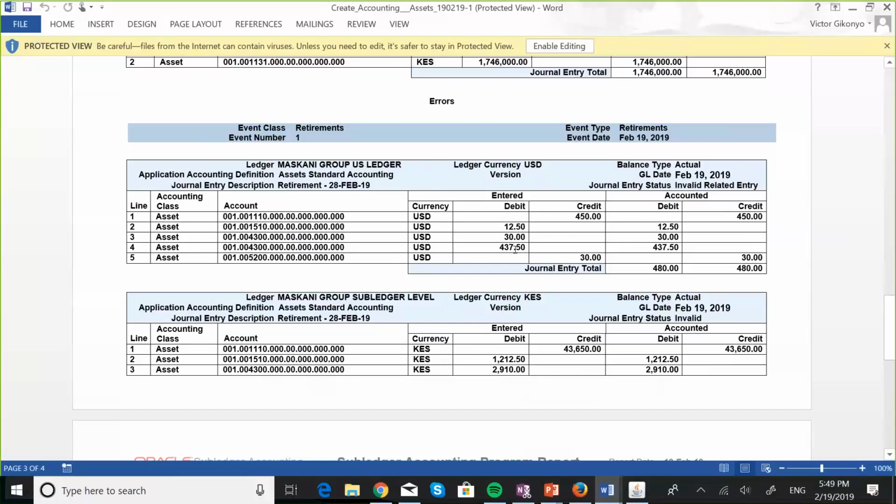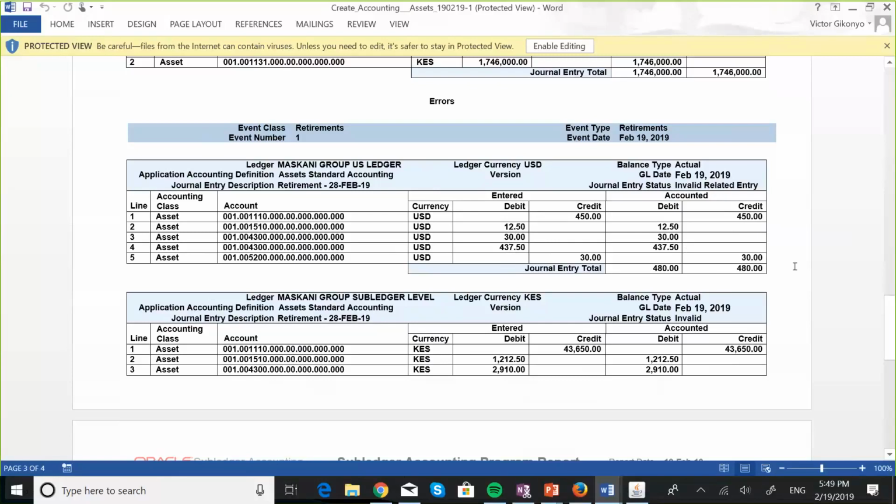And if you add 437.50 to 1250, you'll realize it gets to 450. And this is the book value loss. This is the amount that we won't depreciate because we have retired. We won't expense this amount because we have retired the asset before time. Okay, and that is where that comes from. And these sides balance out as 480 on both sides.